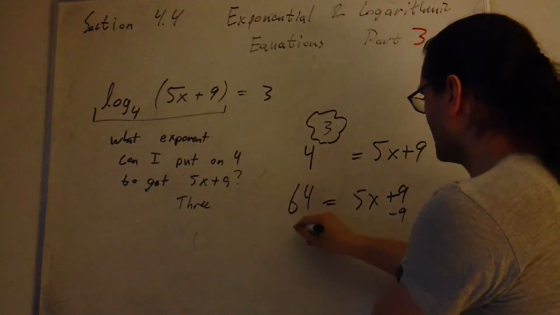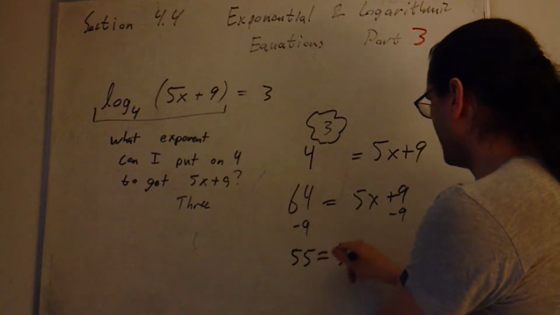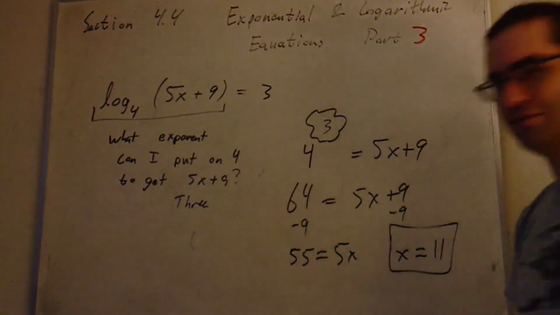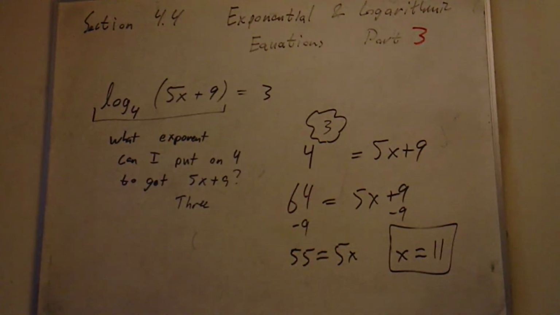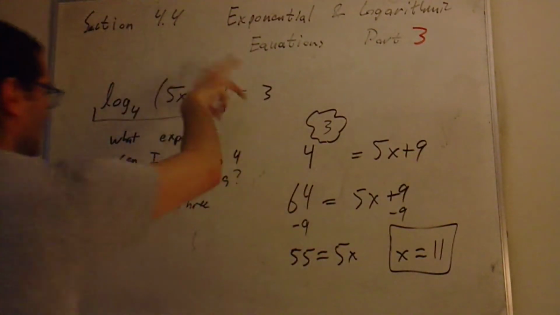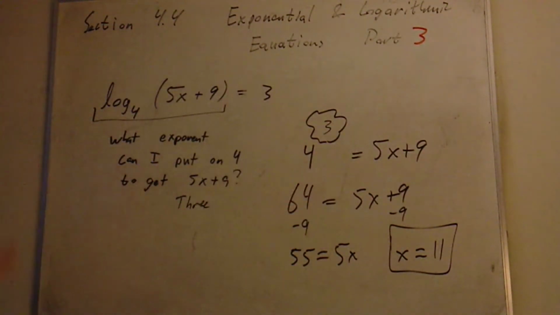Subtract 9 from both sides. 55 equals 5x. X equals 11. That's all there is to it. You just gotta stare at the log for a minute, figure out what it means, and then reconstruct the equation using an exponent instead of the log, and you're basically done. You've got your linear equation pretty much right away.